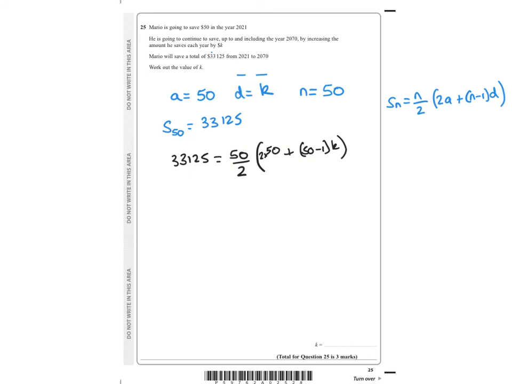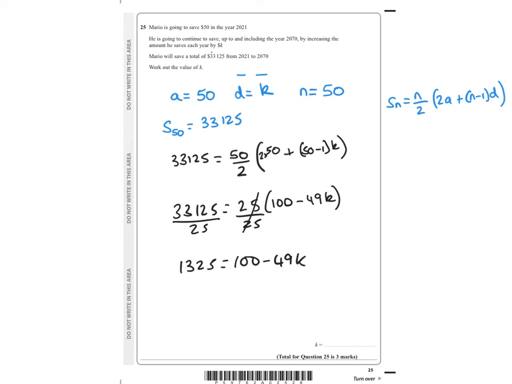Okay, so we're going to rearrange this now. 33,125 equals 25 lots of 100 plus 49K. So we can divide both sides by 25. 33,125 divided by 25 is 1325, so 1325 equals 100 plus 49K.